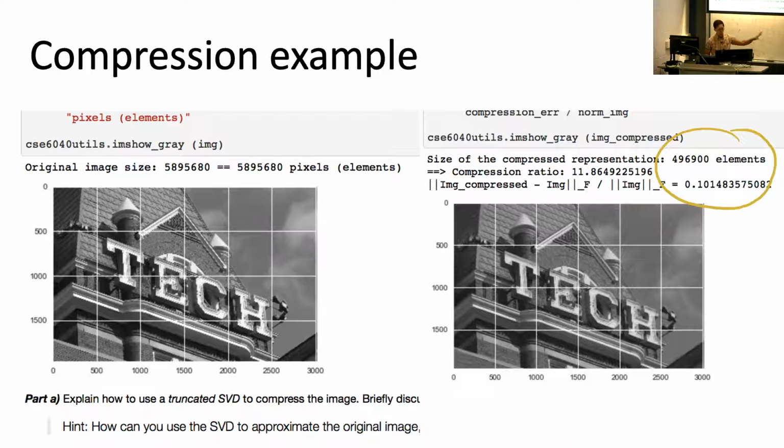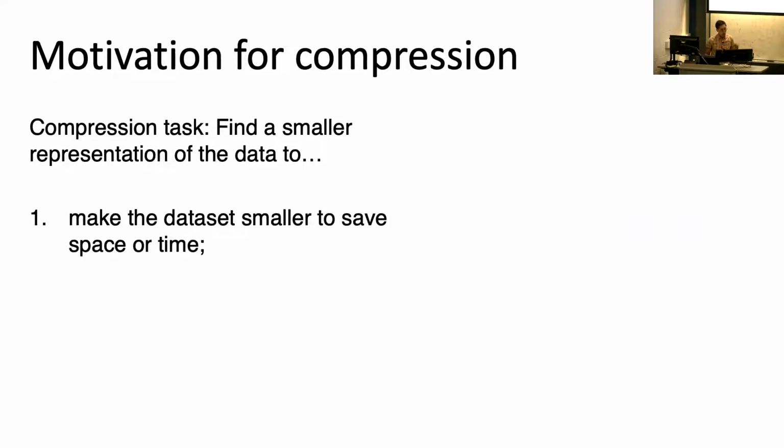So I just wanted to use this as a kind of setup. There's a more general tool here than just PCA that we will talk about. Sometimes we have data and we want a smaller representation via some model or some approximate representation.